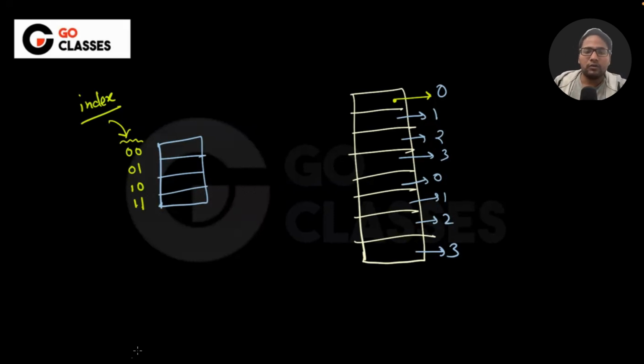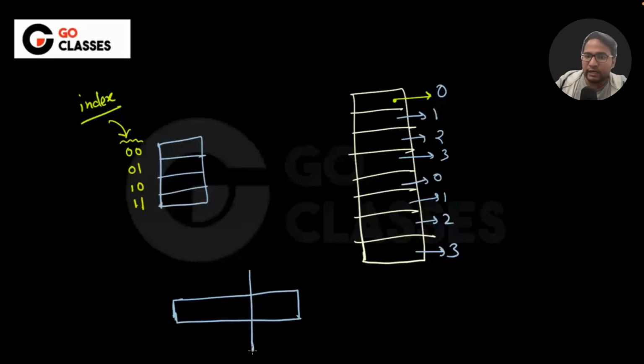Now, whatever is your memory address, let's suppose this is 16 bits or whatever, doesn't matter. Whatever is your memory address, first you find out the block number, right? So here, if there are, let's suppose, 8 blocks, your block number will be 3 bits, right?